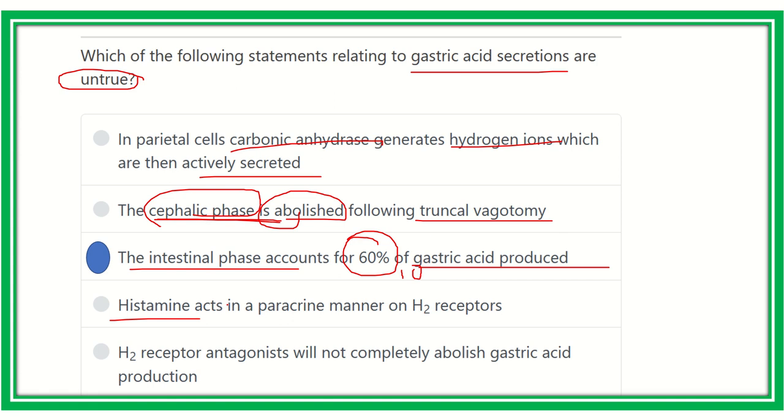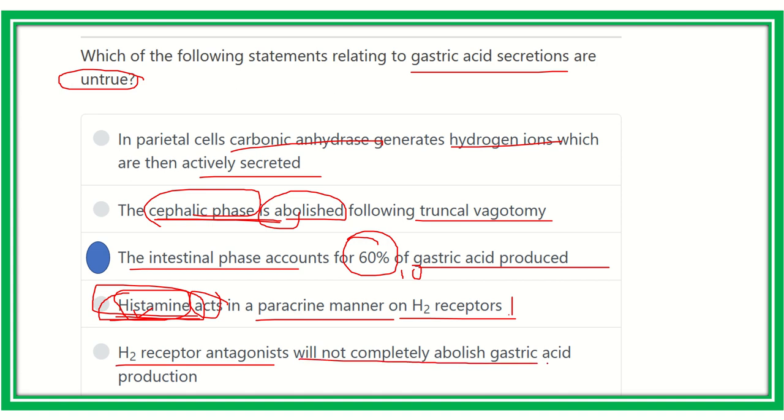Histamine acts in a paracrine manner on the H2 receptor. It is also true, because histamine is released from different types of cells in the stomach and acts on the H2 receptor. When we give an antihistamine, it blocks histamine and reduces hydrochloric acid secretion. H2 receptor antagonist will not completely abolish gastric acid secretion.